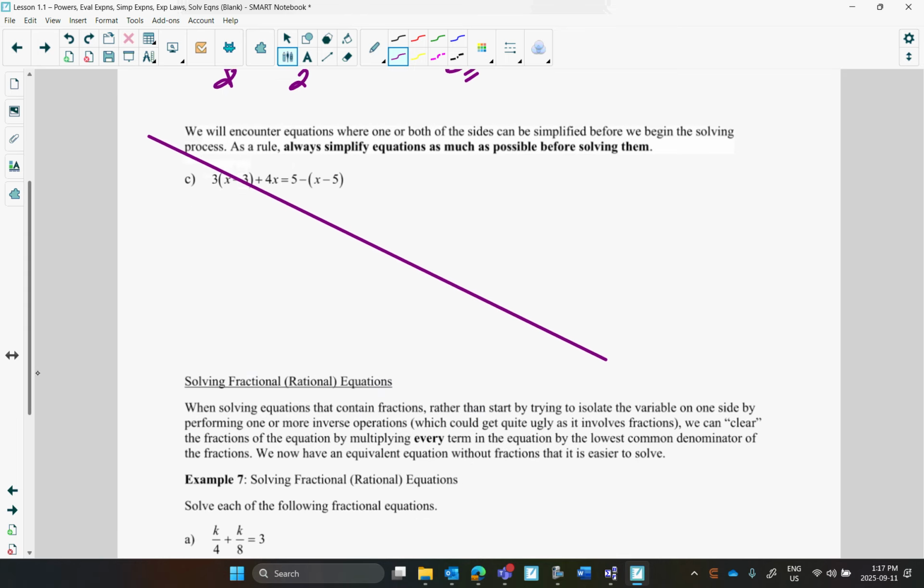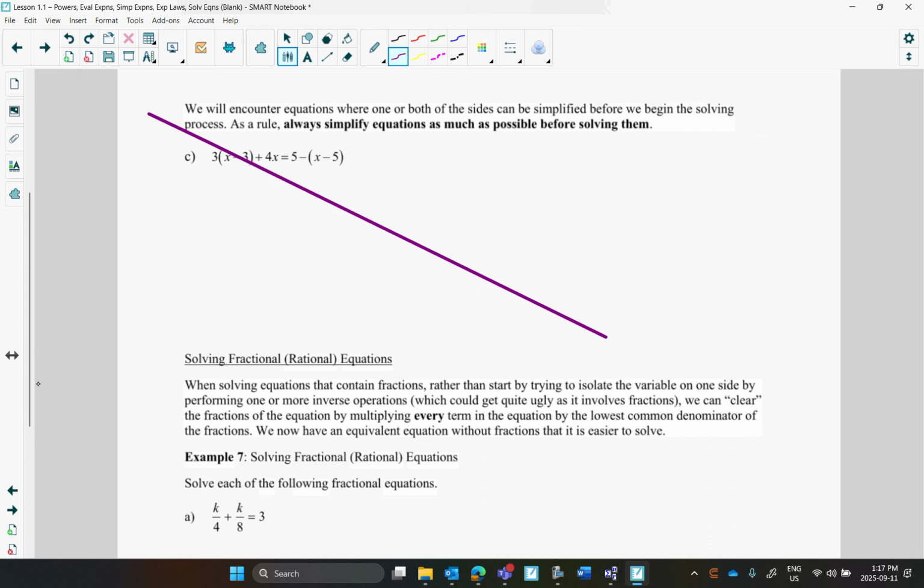Sometimes you have to simplify before you solve. Like this one, it's got some parentheses. We want to get rid of these parentheses. What does it look like when I take 3 and multiply by everything inside? 3x minus 9, because I multiply everything inside.